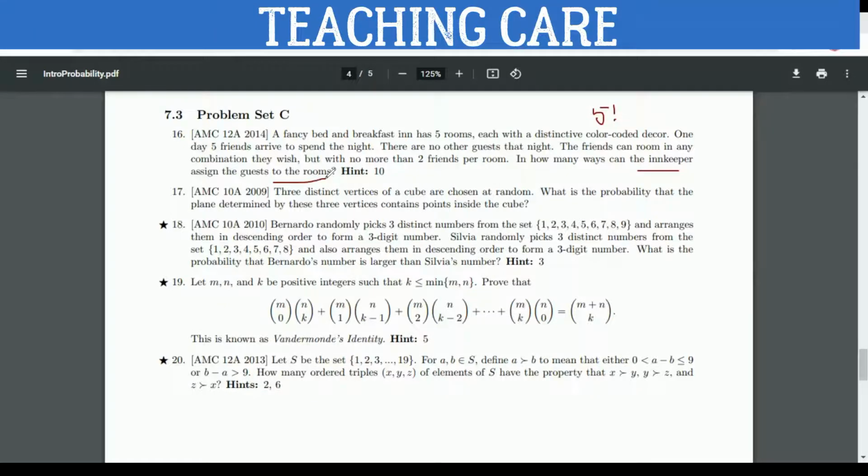Next, case 2, I will take 3 rooms. 3 rooms, 1 guest. So 1 room houses 2 people. So totally I have 3 ways to choose. Don't you need 1 per each room?